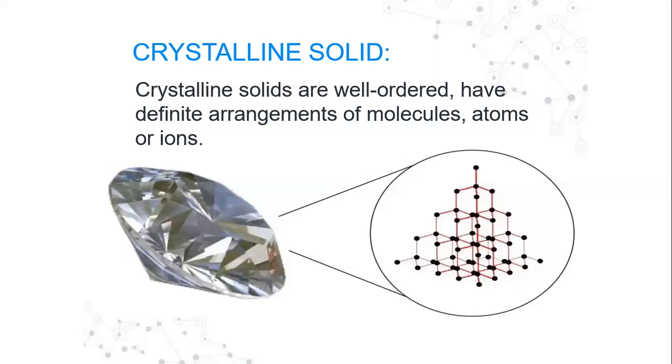First of all, what is a crystalline solid? For defining the unit cell, we need to know what a crystalline solid is. These crystalline solids are well ordered, with definite arrangements of molecules, atoms or ions. In this segment, you can see the different types of crystals.